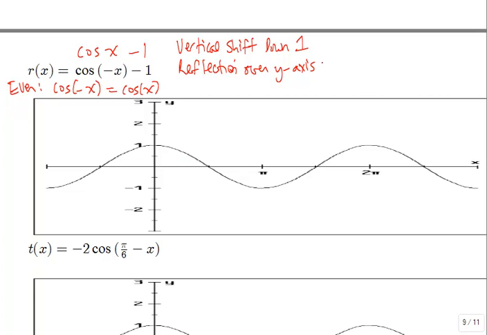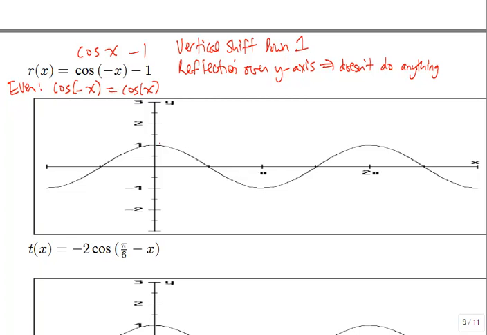So the reflection really doesn't do anything to the graph at all, because this is even. It already has that symmetry. So you can ignore doing the reflection, and the only thing that's going to have an impact on changing the graph is this vertical shift down 1.